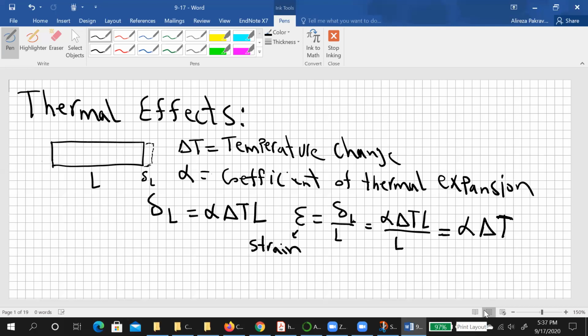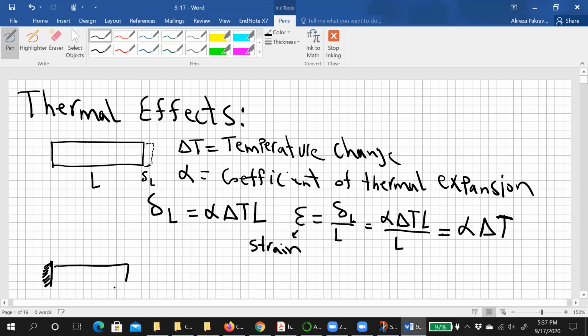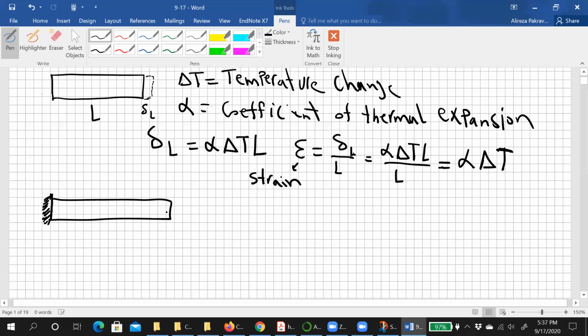But now let's go back to that problem from the last lectures. What happens if you have an indeterminate bar, something like that? For an easy case, just assume a bar with two fixed supports.